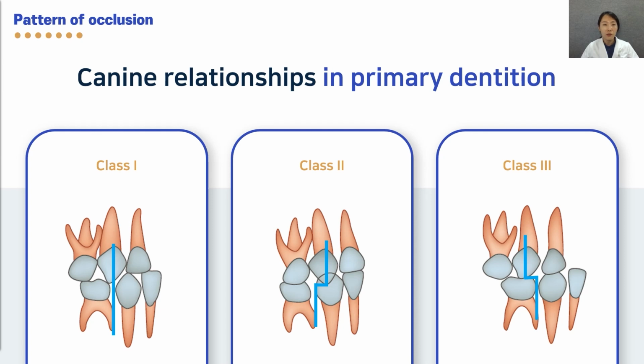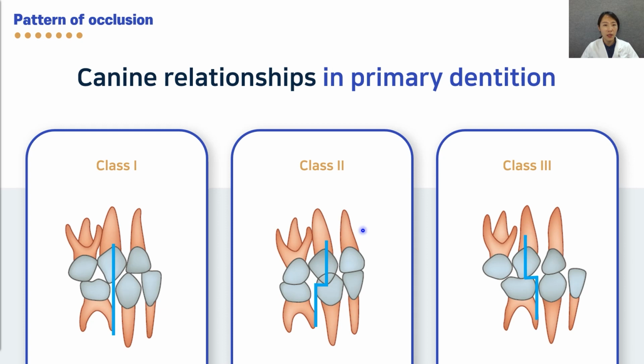The canine relationship is also classified into one of 3 categories. In Class 1 relationship, cusp tip of maxillary primary canine is on the same vertical plane as the distal plane of mandibular primary canine.